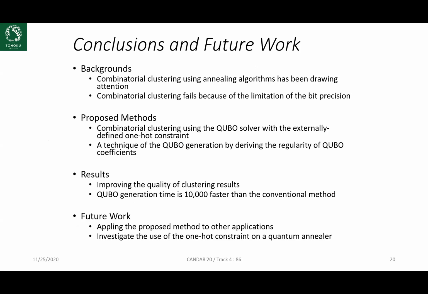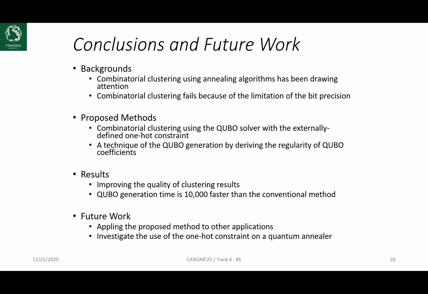I would like to conclude the presentation. Combinatorial clustering using annealing algorithms has been drawing attention. However, combinatorial clustering fails because of the limitation of the bit precision. This research proposes combinatorial clustering using the QUBO solver with the externally defined constraint function and the technique of the QUBO generation by deriving the regularity of QUBO coefficients.